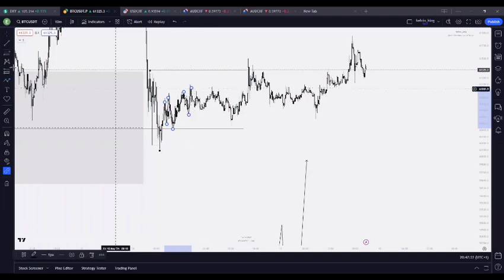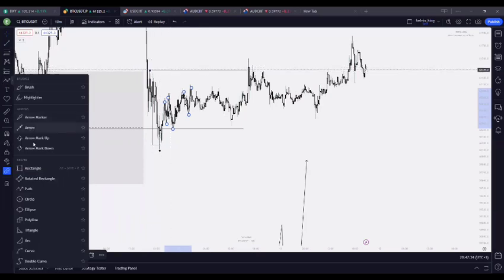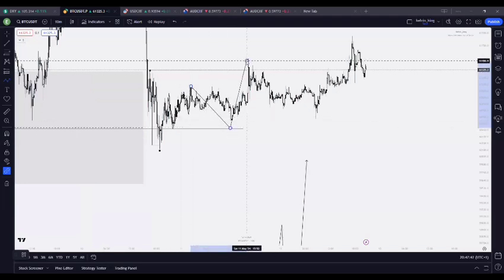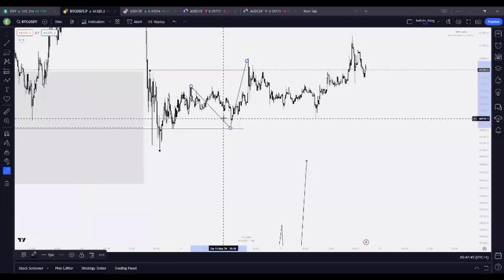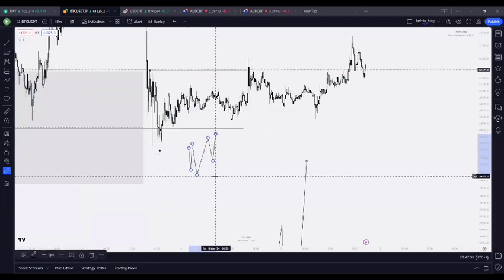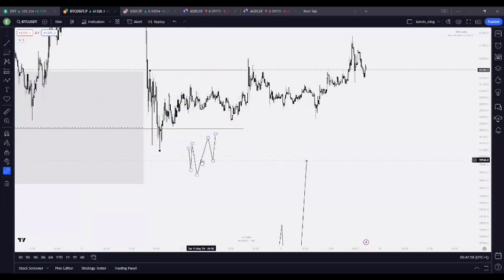Then price did a retracement into this zone, taking out this inducement, and price bought. It's the same setup, but I'm not comfortable with that because I want price to take out this particular high first before I take the trade. This is the same setup, but I was not watching for that.